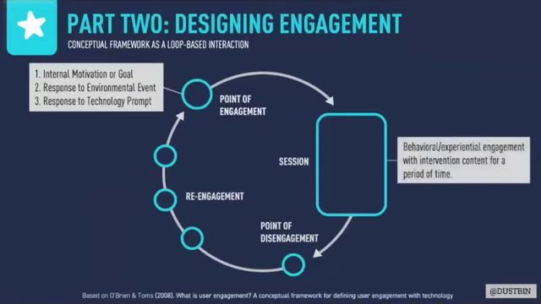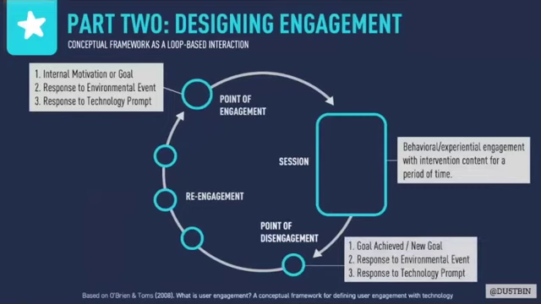We can think about the session again and measure that in terms of the usage metrics we talked about. This is the time a person has your application open and is engaging with that application. At some point, they're going to close and disengage from the intervention, right?